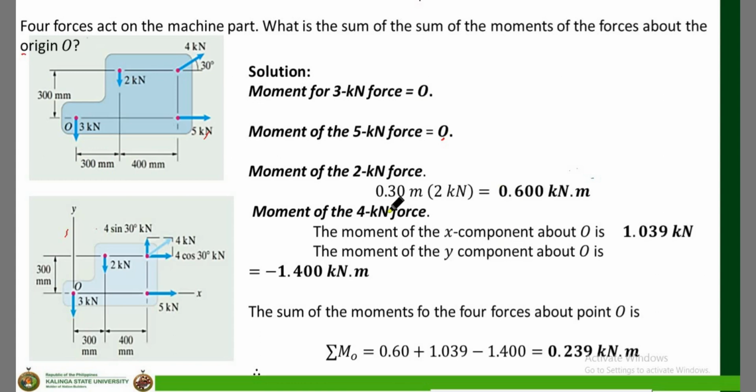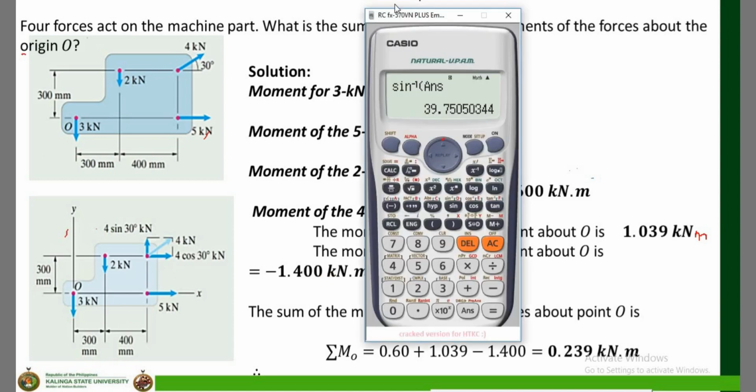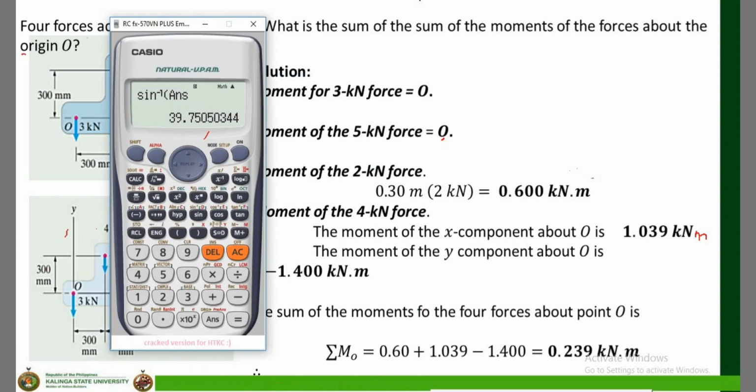The x component of the 4 kilonewtons is 1.039 kilonewton meter. The y component is negative 1.4 kilonewton meter. So we add them to get the sum of moments.